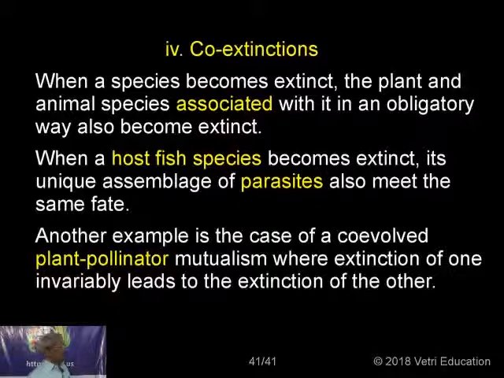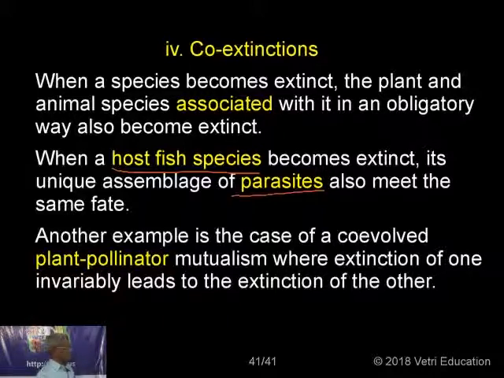The extinction of one plant or animal is also one of the reasons for the removal of other organisms from the scene. When a species becomes extinct, the plant and animal species associated with it also automatically go extinct. For example, when a host fish species goes extinct, all the parasites related to it also go extinct.